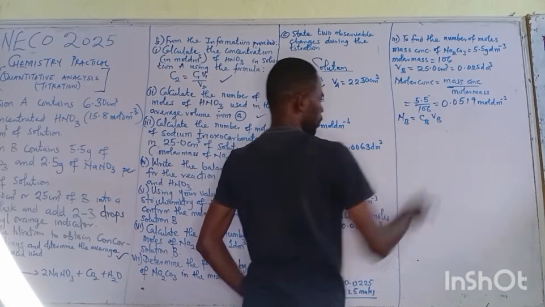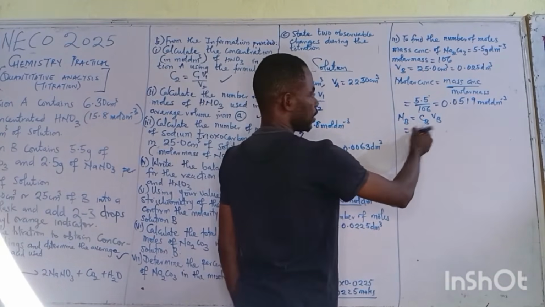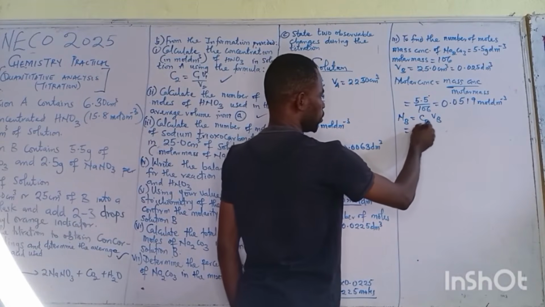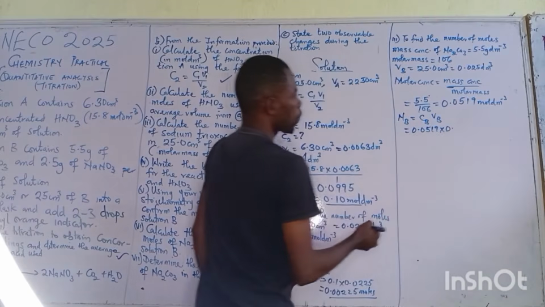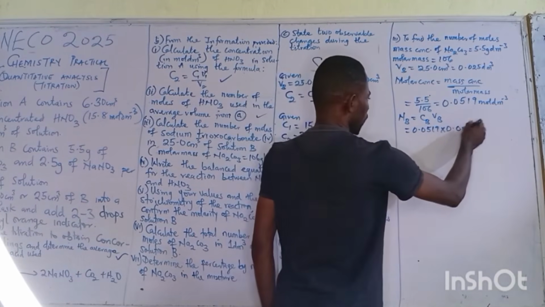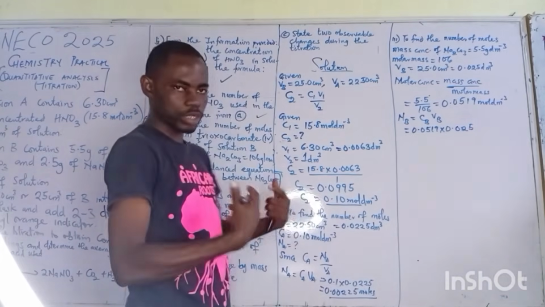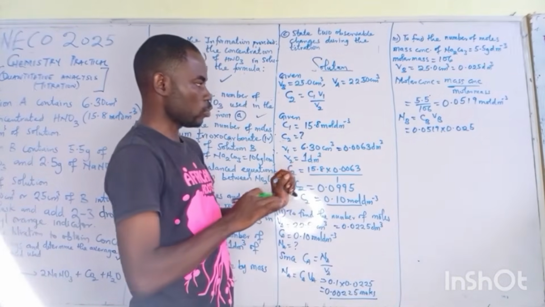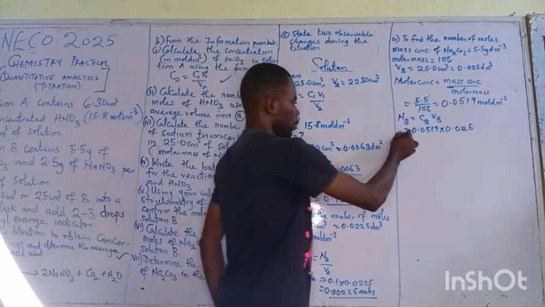Now, to find the mole, back on the same formula again, nB equals CB times VB. So what am I saying in the short run? I'm saying that 0.0519 times 0.025. Please do well to watch the video very well. Don't rush. That's why I'm not rushing as well. Calm down to watch. I don't want us to miss any information. I want us to get it right.